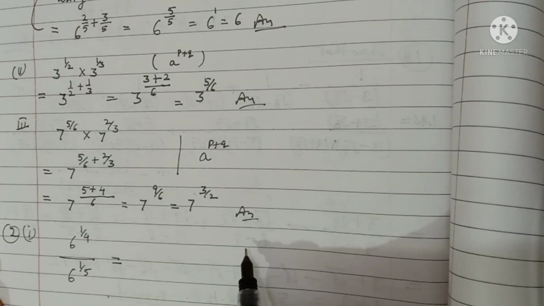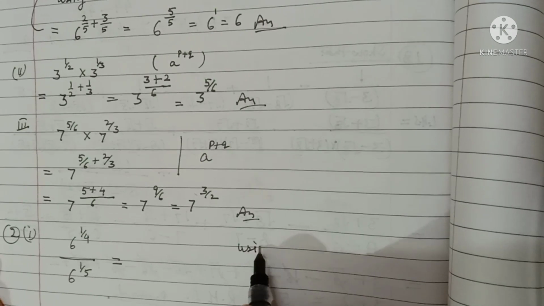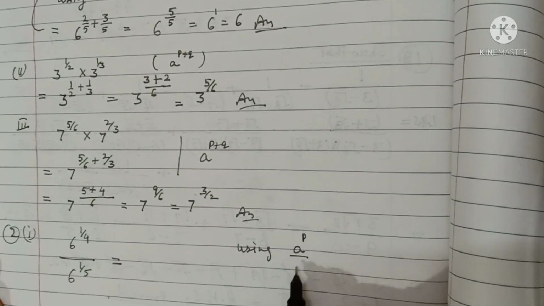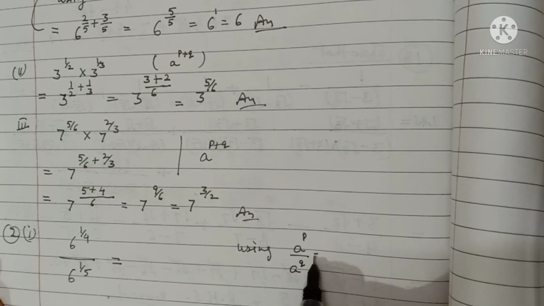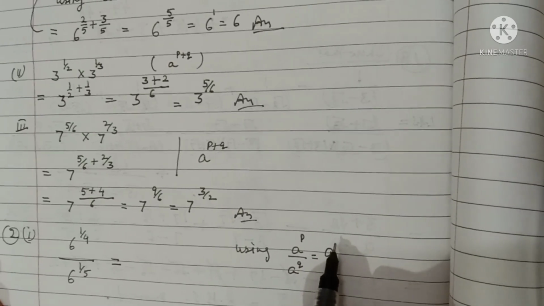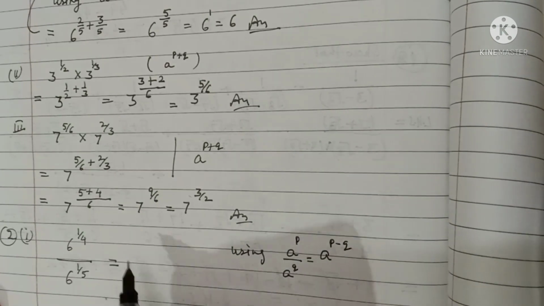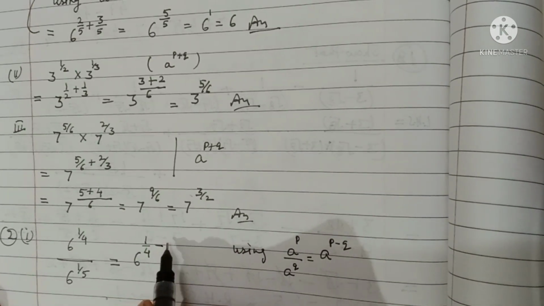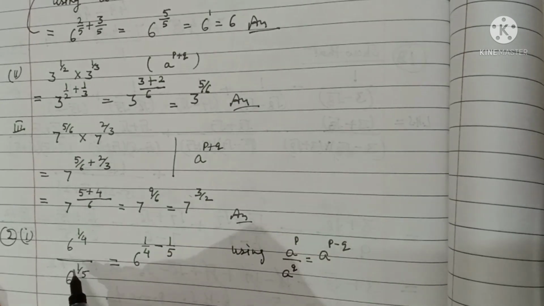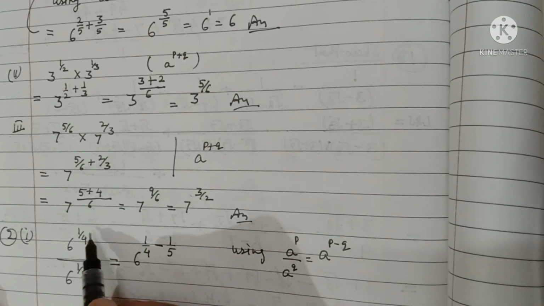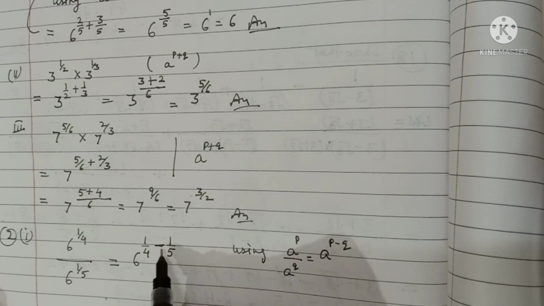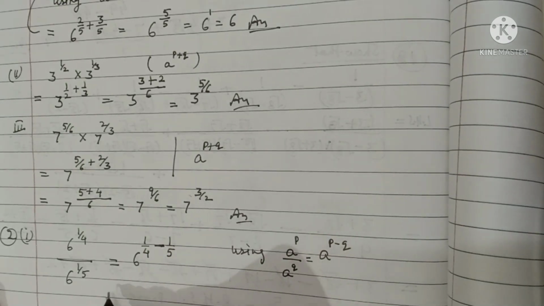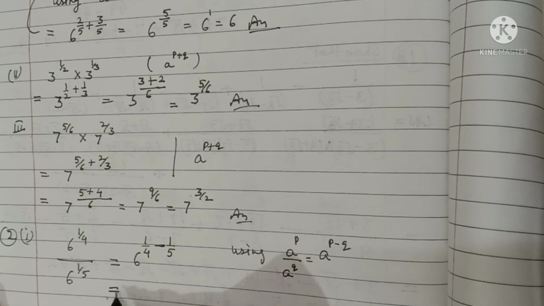We will use the law a to the power of p upon a to the power of q is equal to a to the power of p minus q. So this becomes 6 to the power of 1 upon 4 minus 1 upon 5. This will go up and sign will be minus. We will subtract the exponents. Now solve it by taking LCM.